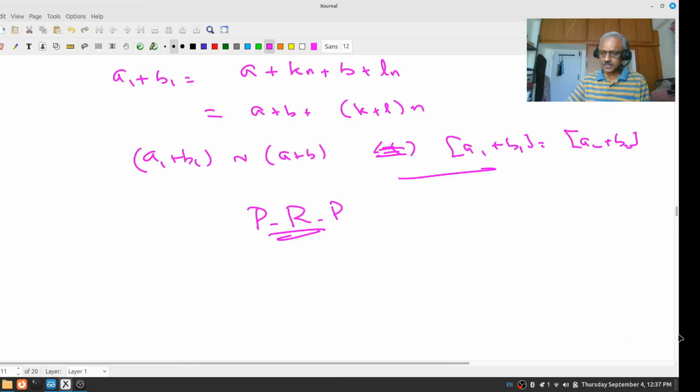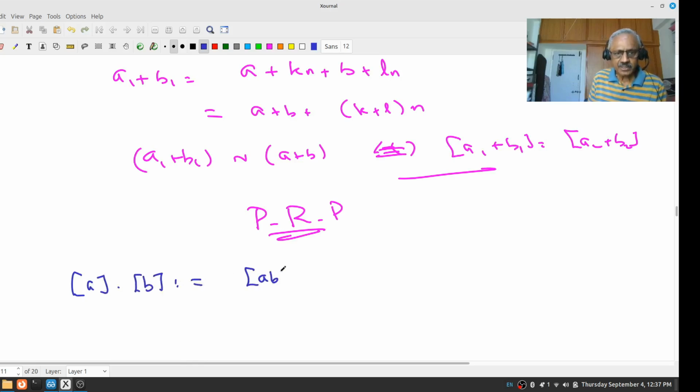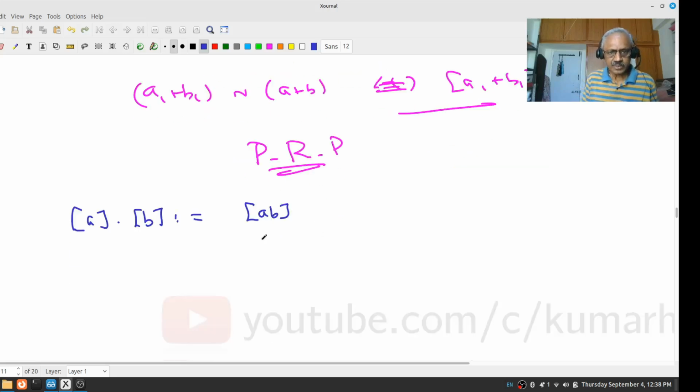Yes, we are going to define it the way you guessed correctly. So A times B we define to be the equivalence class of AB, since A and B are integers, right? So the same problem arises. Suppose I take one representative A1 here; we know the equivalence class of A1 is the same as the equivalence class of A. Similarly take a B1 here, then the equivalence class of B1.